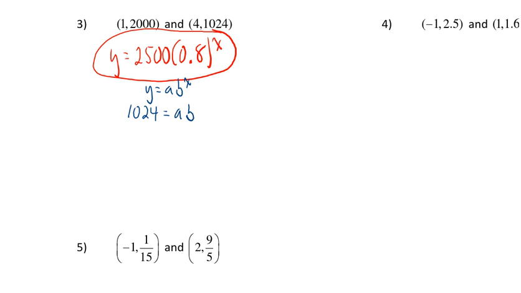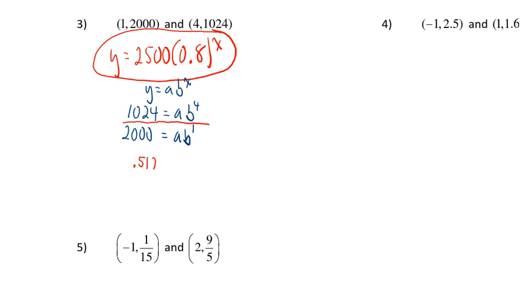All right. So for anybody that's still looking at this, here are your two equations that you divide, and when you divide this, you get 0.512 equals b to the third power.